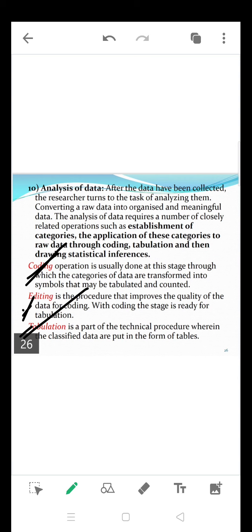Before going to analysis, all collected raw data are arranged in a systematic way. First one is coding, giving some symbols to make counting easy, and next one is editing, where unnecessary information is edited out. Once coding and editing are done, lastly we arrange the data in a tabular format in a meaningful way.